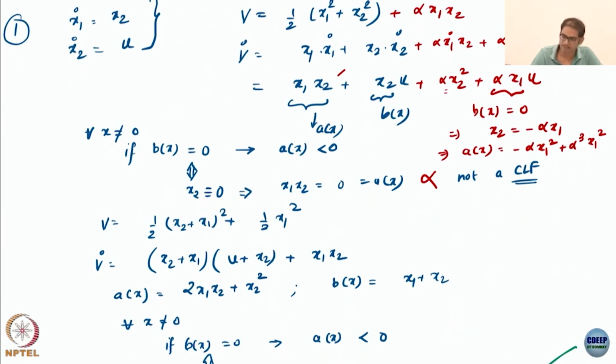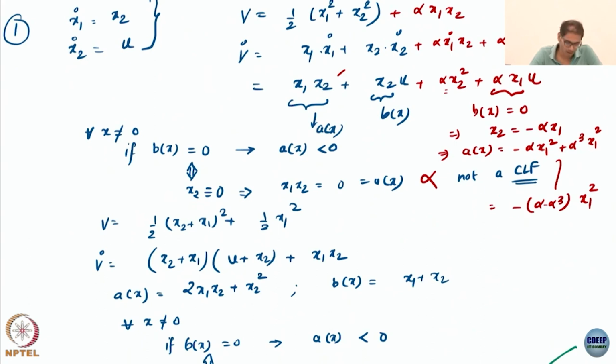So if alpha is less than 1 I am done. What is this? This is basically minus alpha cubed x1 square. So if alpha is less than 1 I am good.